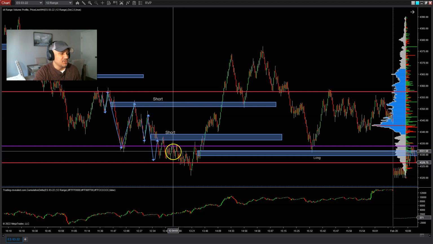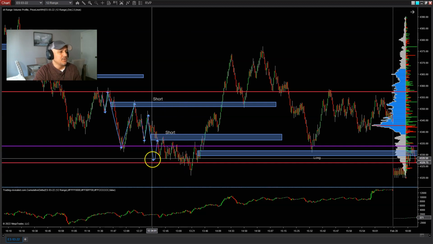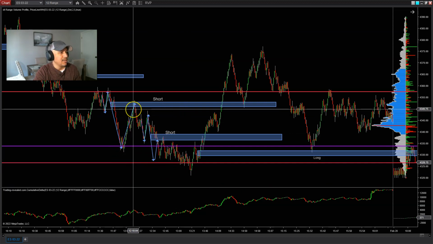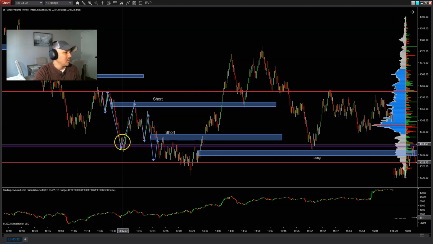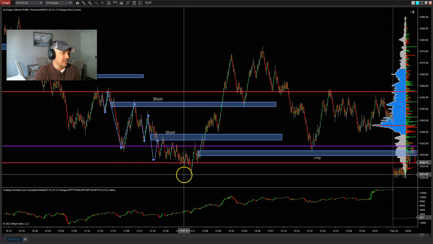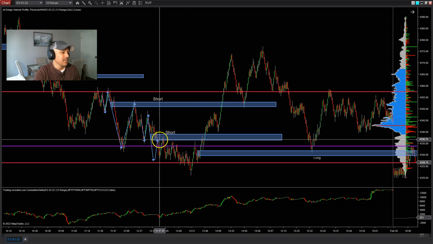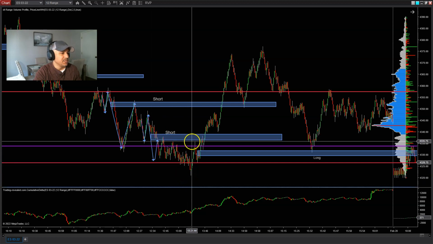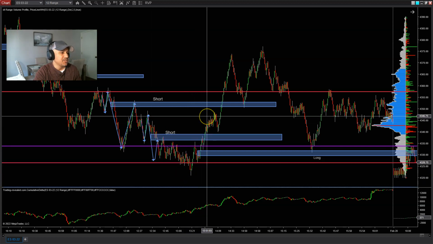Then price starts to break structure. What does structure mean? Structure means, as I just said, lower highs, lower lows, lower highs, chopping to the downside. Now price is turning around, breaking structure back to the upside. Pushes up, pulls back, boom, pushes higher.